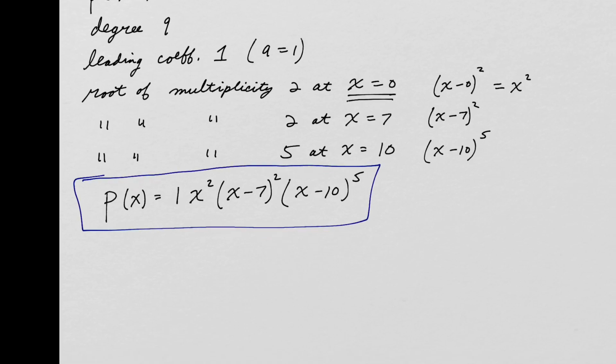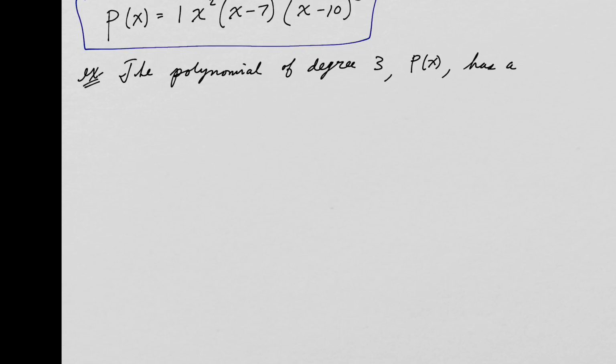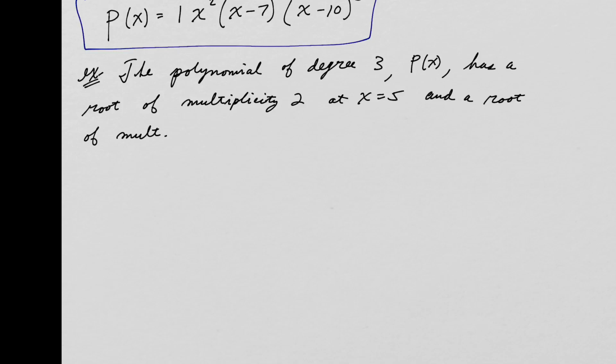Okay, here's another example. Let's say you're told the polynomial of degree 3, we will again name it p of x, has a root of multiplicity 2 at x equals 5, and a root of multiplicity 1 at x equals -4.